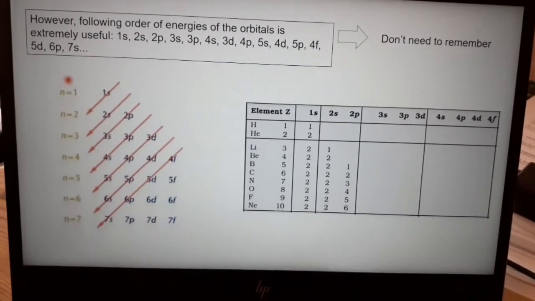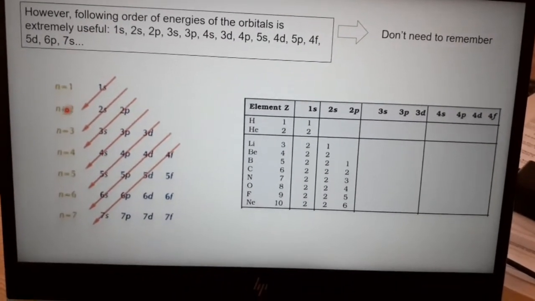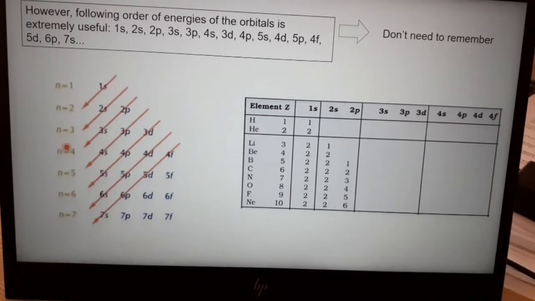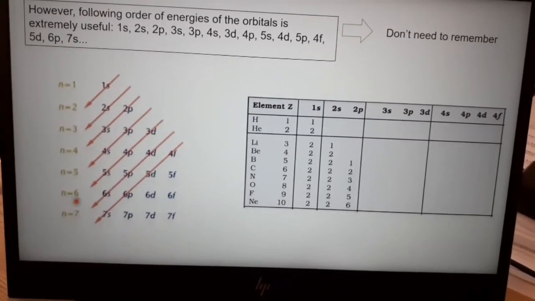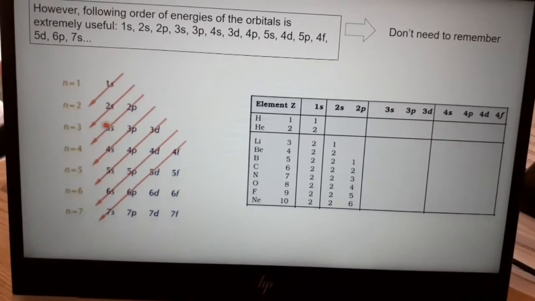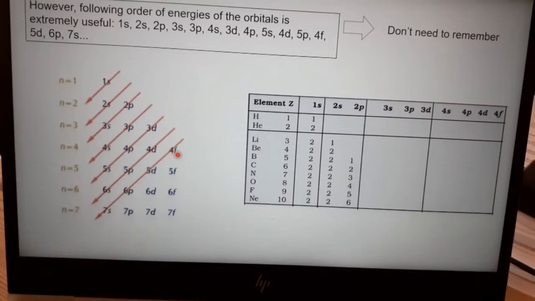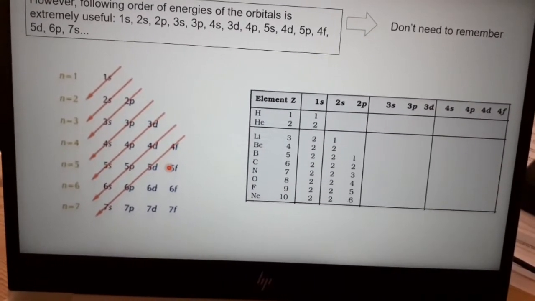Just write on your paper n equal to 1, n equal to 2, n equal to 3, 4, 5, 6 this way. Then write 1s, 2s, 2p, 3s, 3p, 3d, and 4s, 4p, 4d, 4f, and so on.